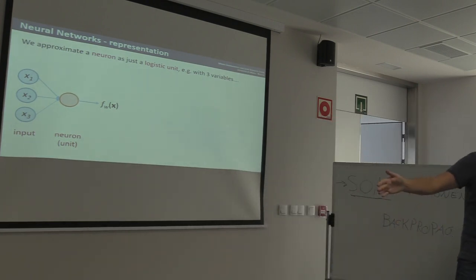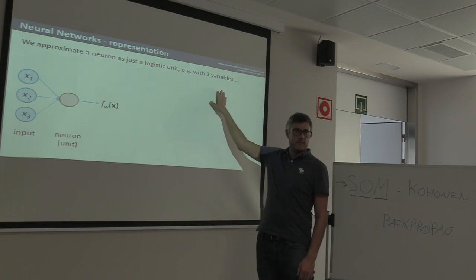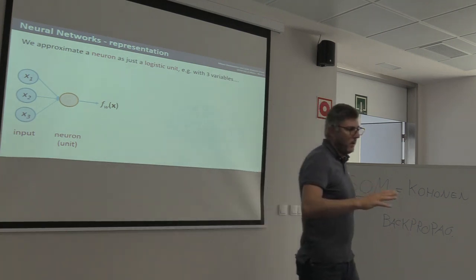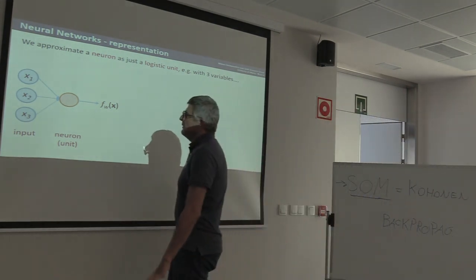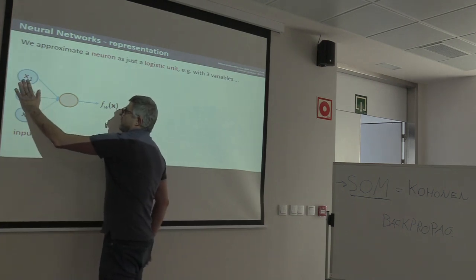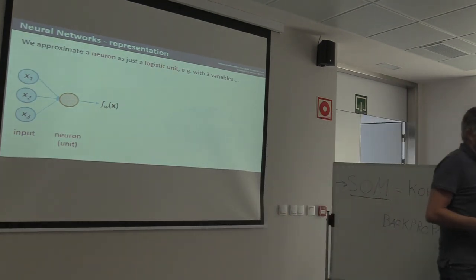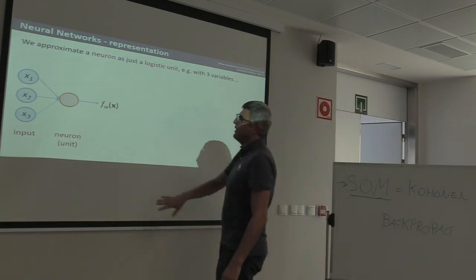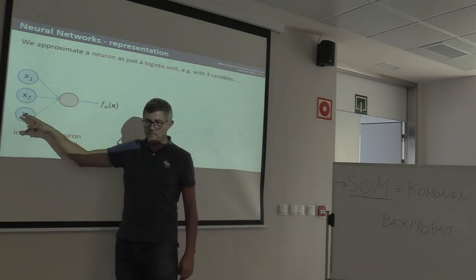Of course, then we will use much more, but just to start, let's say that we have 3 variables. So this is one sample, a vector of values with these 3 variables. These variables are the input for the neuron, and somehow, we will see how, the neuron is able to process the information which is contained in these variables.